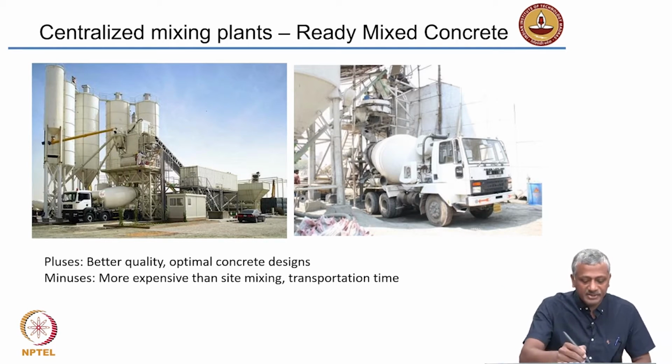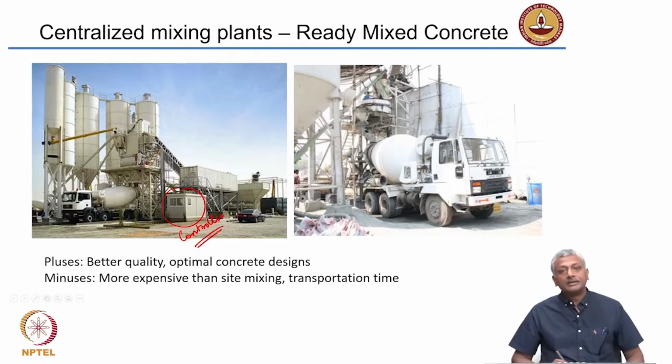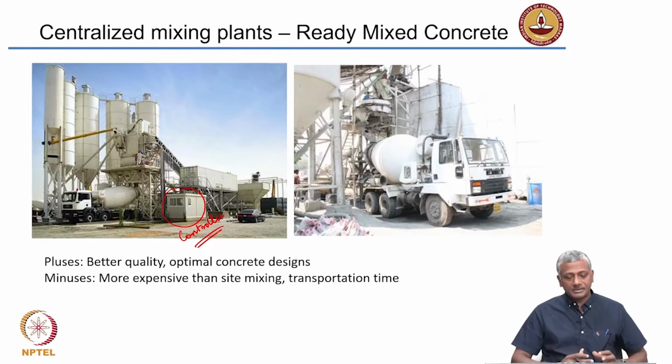So, this is a picture of a centralized batching plant. You have here a control room, which is usually controlling the operations of batching and mixing using computerized equipment. They batch the exact quantities of material required using controlled computerized equipment, and this material goes into the mixer and gets mixed for a certain period of time and then gets discharged.